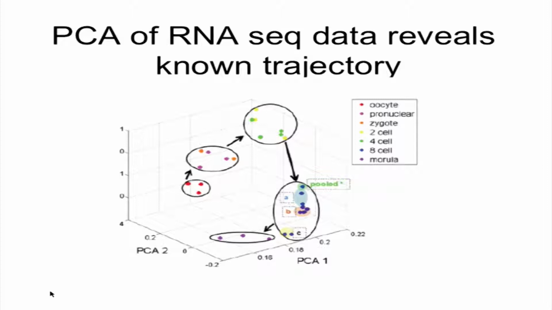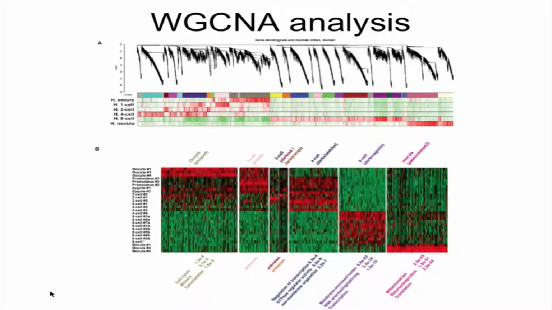But now we applied WGCNA to these data, and we found a cluster tree with very distinct branches, indicating, again, high-quality data. And now what we can do is we can plot the modules versus these different developmental stages, meaning from oocyte to morula.